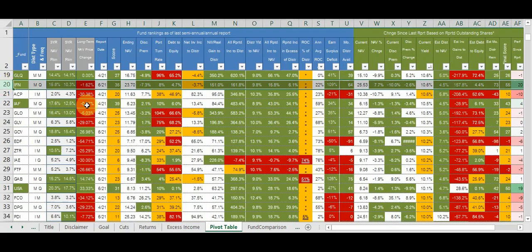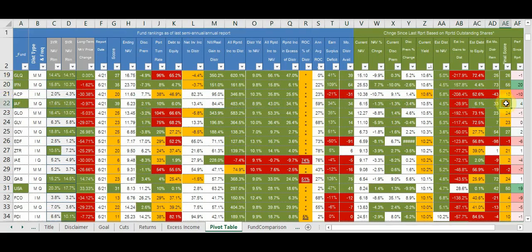A little further down, we have IFN, which is an Indian fund, meets all our criteria. It does have a long-term net asset value price change of negative 1.62%. That would not deter me, so I would give this fund serious consideration. I would also give serious consideration to the fund just below it, IAF.